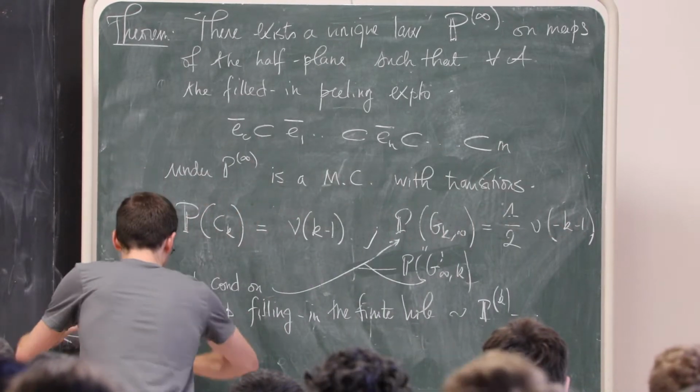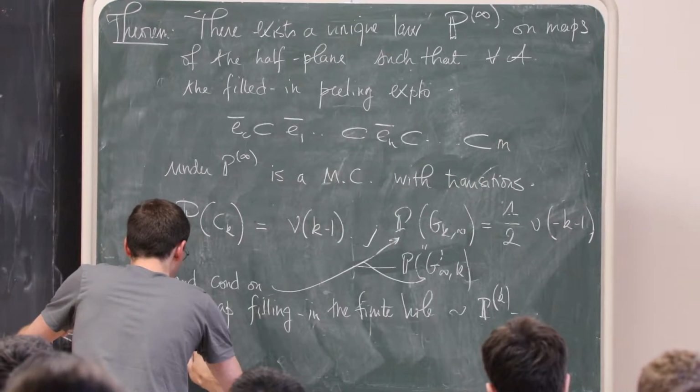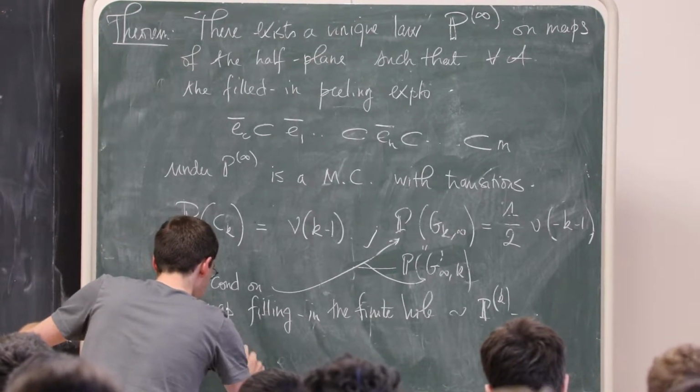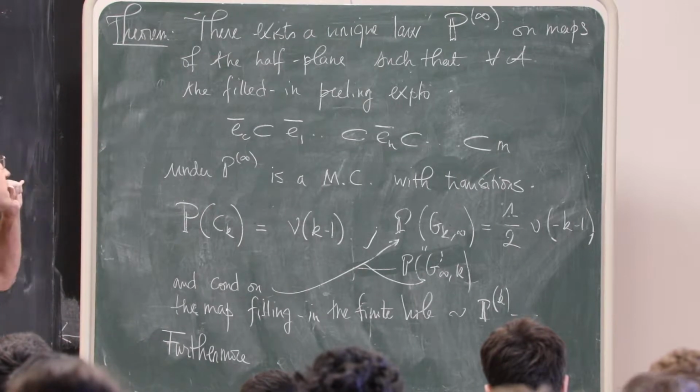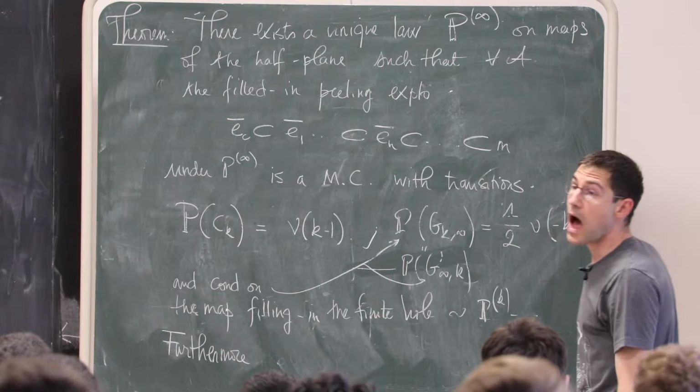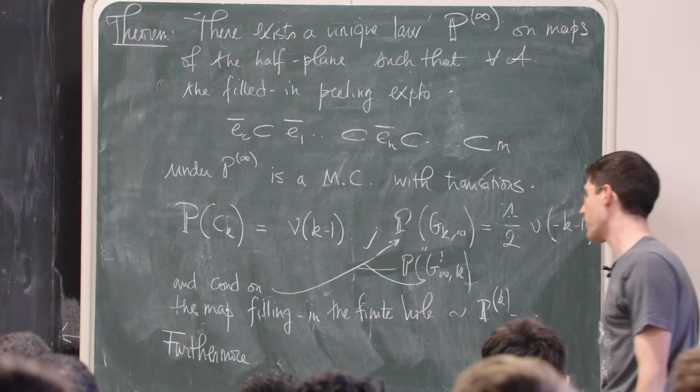Furthermore, these maps of the half plane, or this distribution P infinity, is obtained as a local limit of maps with large boundary.